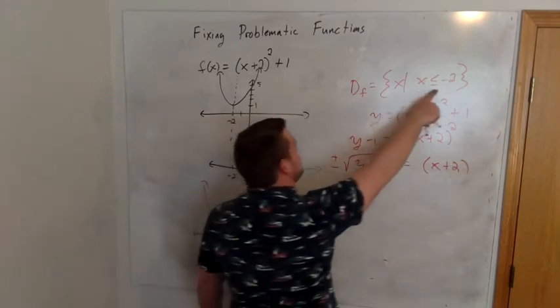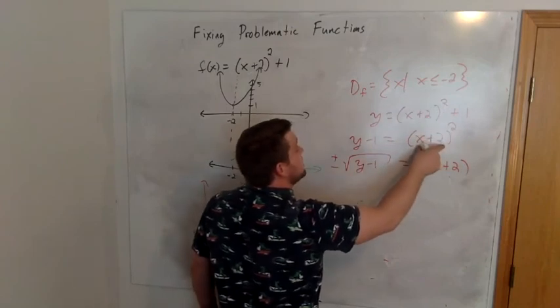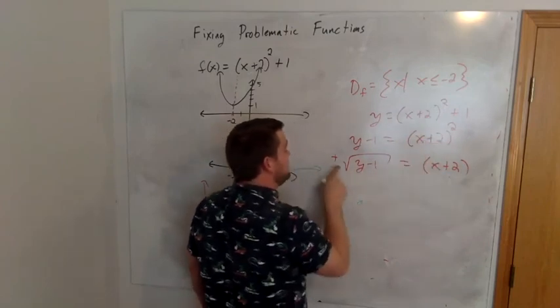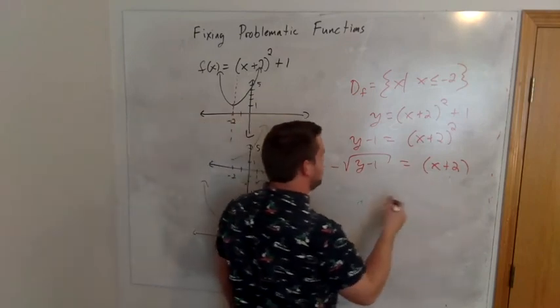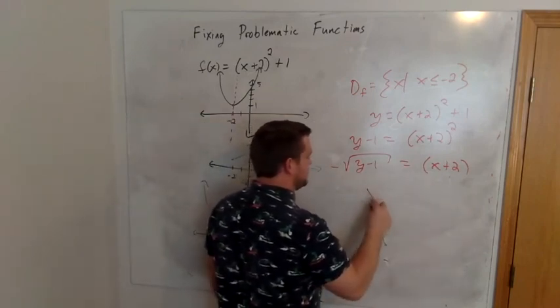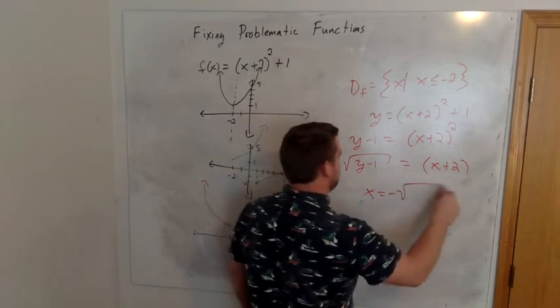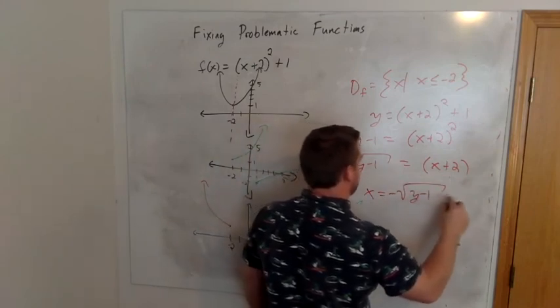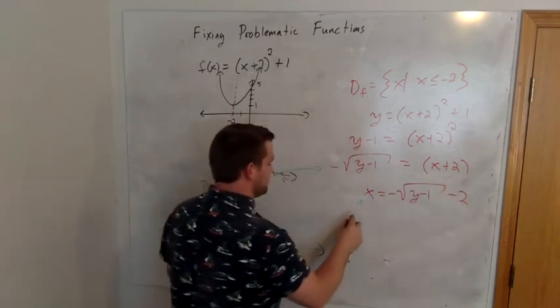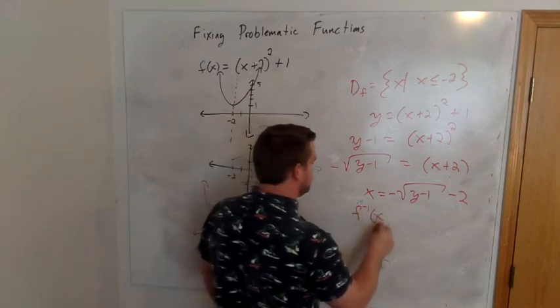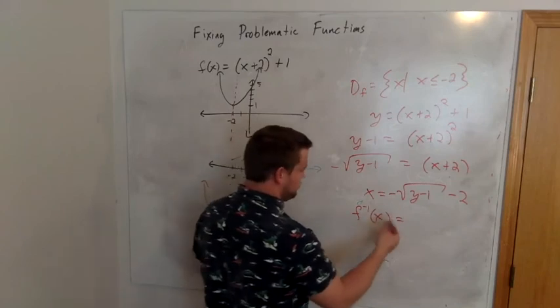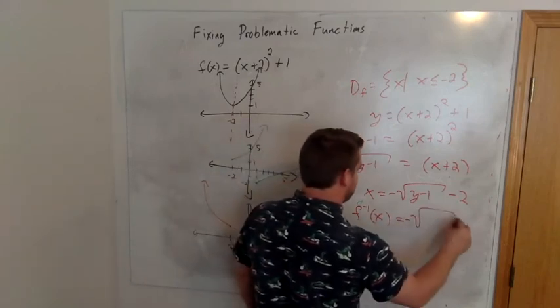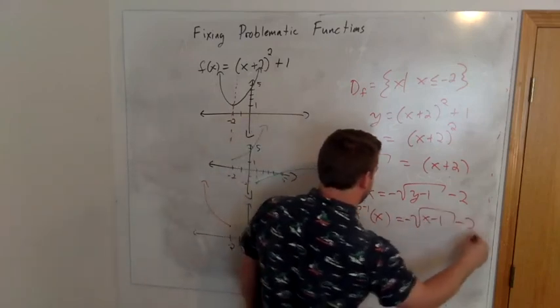Well, since x is less than or equal to negative 2, x plus 2 will be negative, so I need to choose the negative version. So now we could subtract 2 from both sides, so we get that x is going to be equal to the negative square root of y minus 1, minus 2, or its inverse. Now I flip-flop the x's and y's, and switching back to inverse function notation, this will be the negative square root of x minus 1, minus 2.